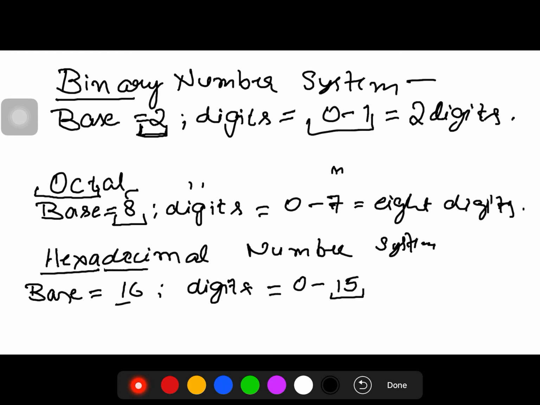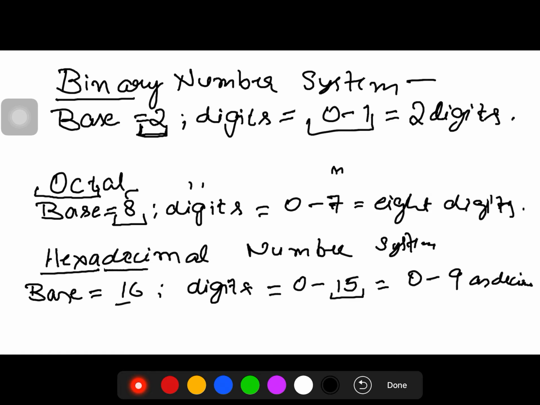We know in decimal number system there are 10 digits from 0 to 9. We can have 10 digits same as that of decimal number system, means 0 to 9 are same as decimal number system.